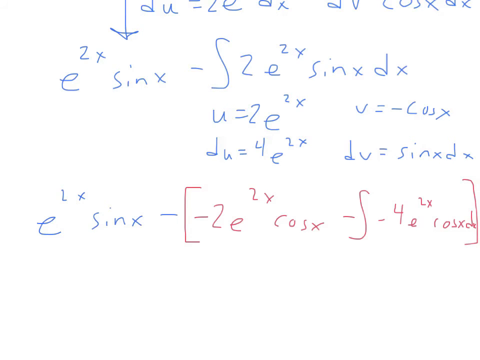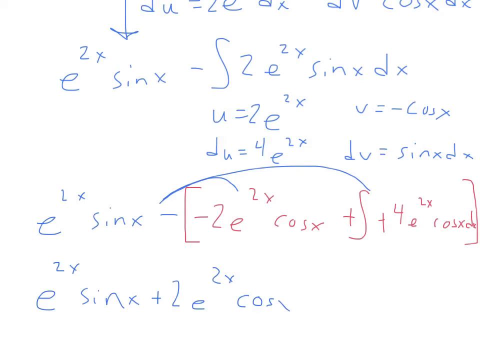Okay, and so now we have to play really carefully with our negatives, right? These negatives are going to cancel each other out. Then this blue negative here gets distributed in. So we'll carefully write this down: e to the 2x sine x plus 2e to the 2x cosine x minus 4 integral of e to the 2x cosine x dx.